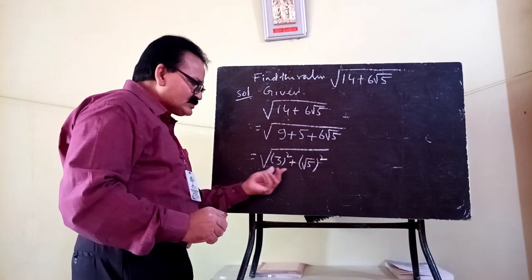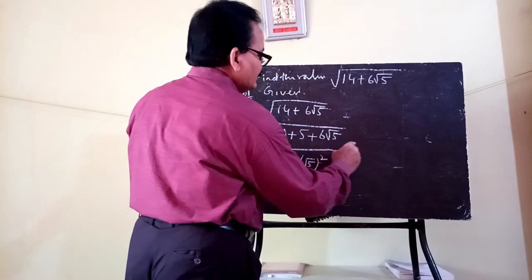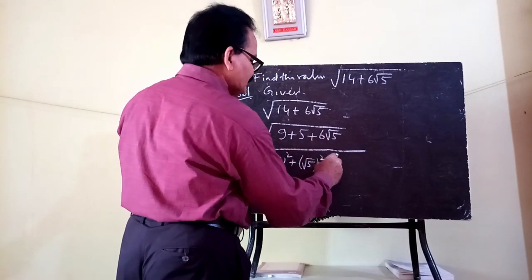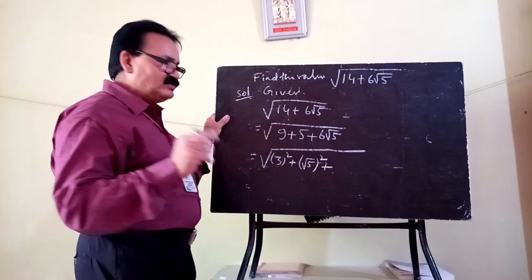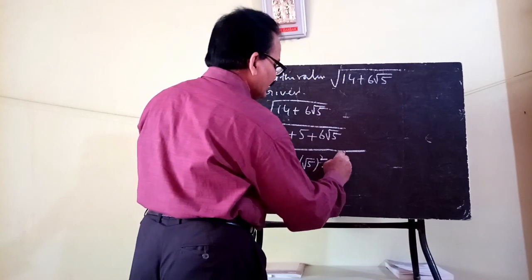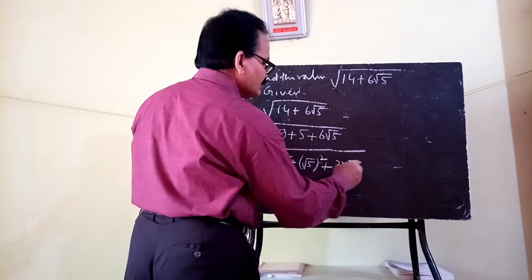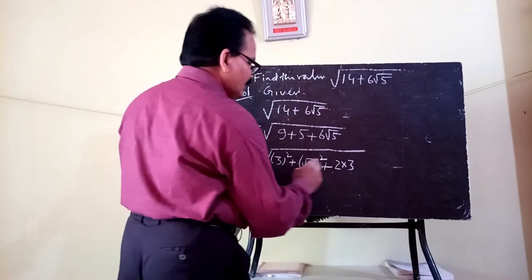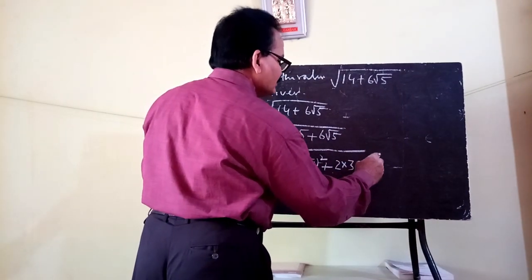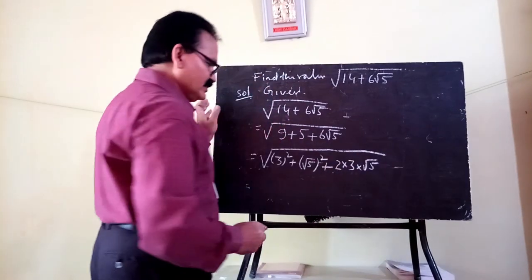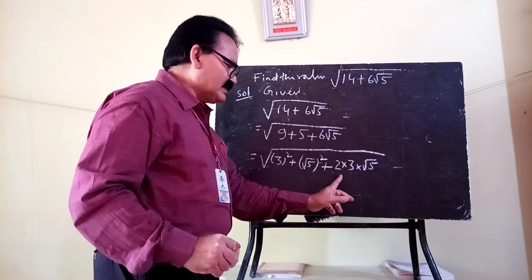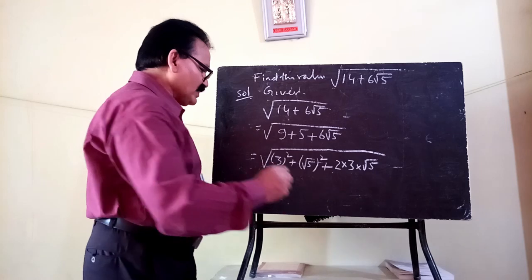So now this will be a square plus b square. So if this can be split up as 2ab, then 6 root 5 can be written as 2 into, here a is 3, so 2 into 3 is 6, and b is root 5. So 6 root 5 can be written as 2 into 3 into root 5.